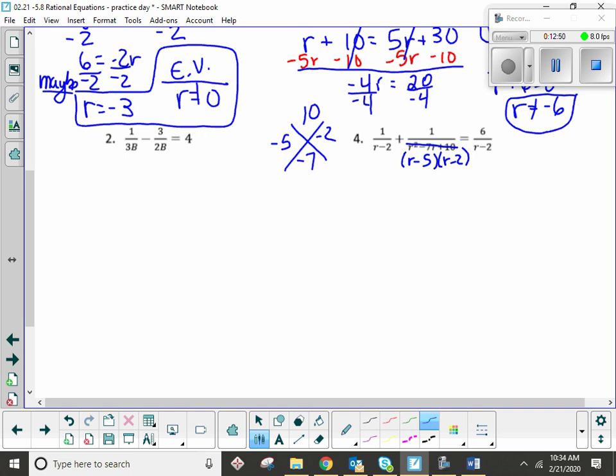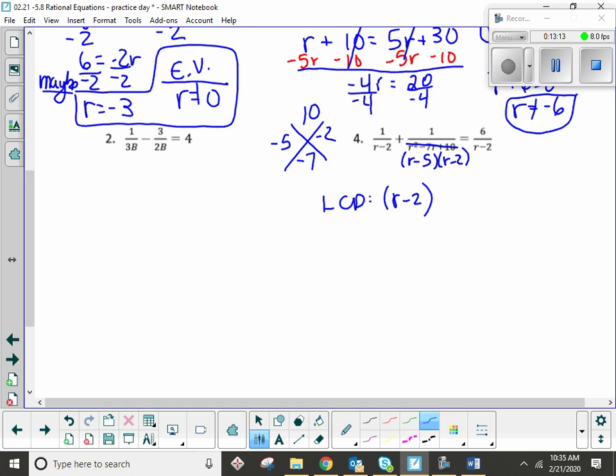And then we begin building our LCD. The first fraction has the r minus 2, so that has to be part of my common denominator, part of the group denominator. That's from the first fraction. What do I need to add from the second fraction?